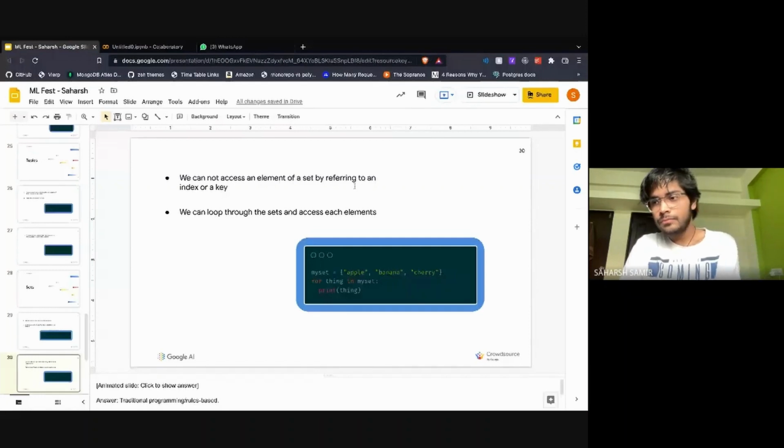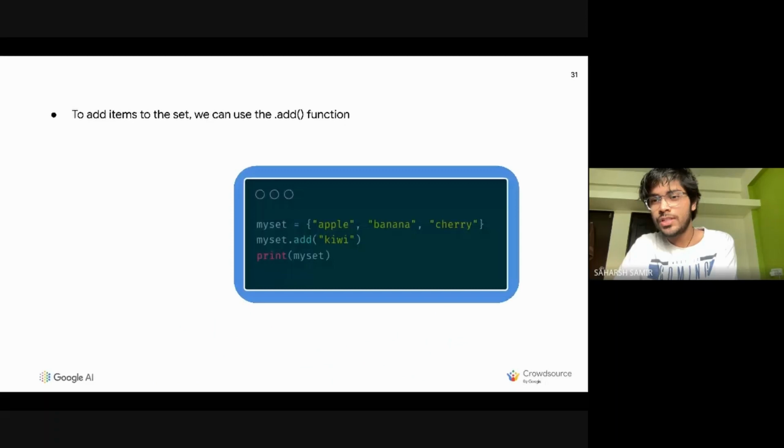Moving on. Even though I said that you cannot change the sets once they are created, that is true: you cannot change the actual element, but you can add or remove elements from the set. If you want to add kiwi to our set, you would use the dot add function.